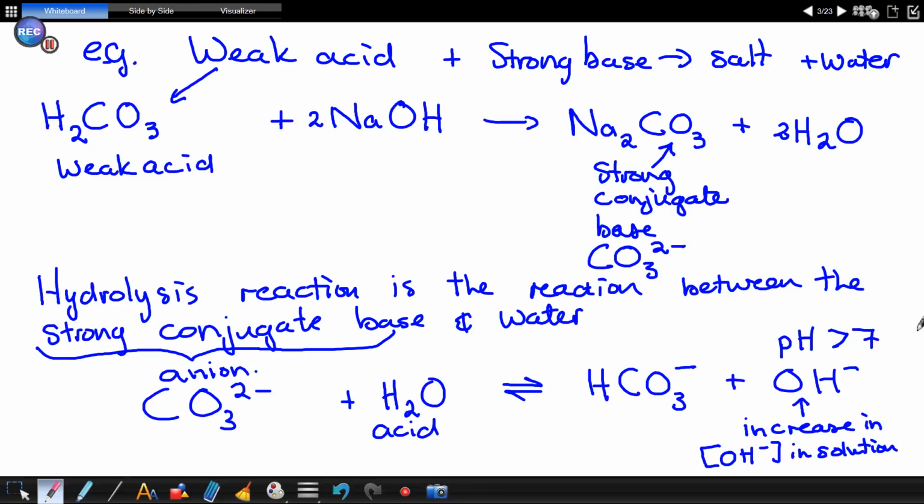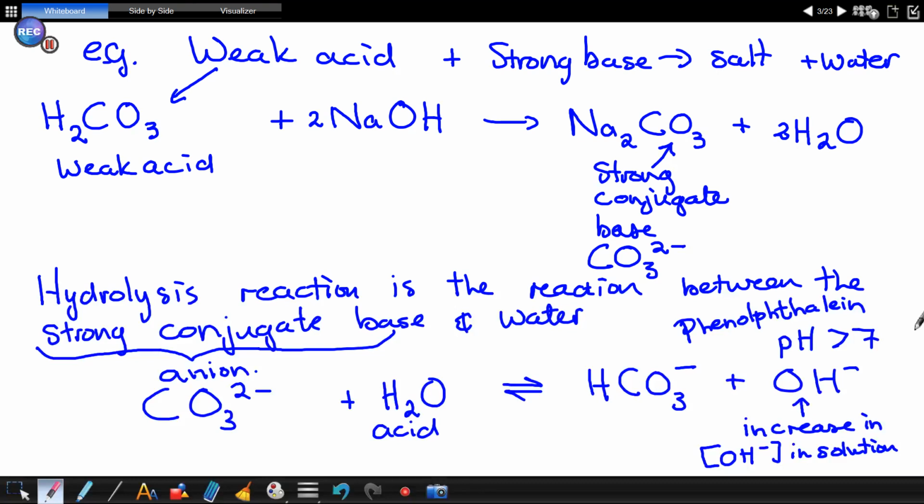We chose phenolphthalein, because phenolphthalein will give you an accurate reading. Something like litmus will change color at a pH of 7, but this one changes color at a higher pH.